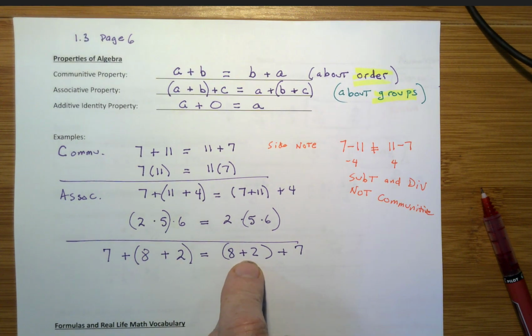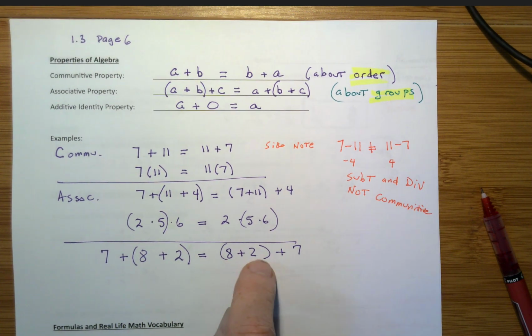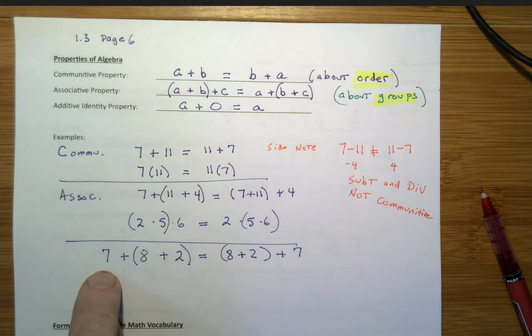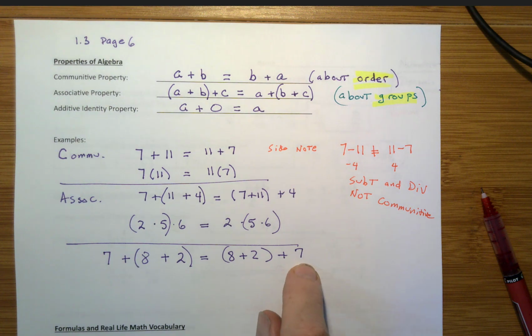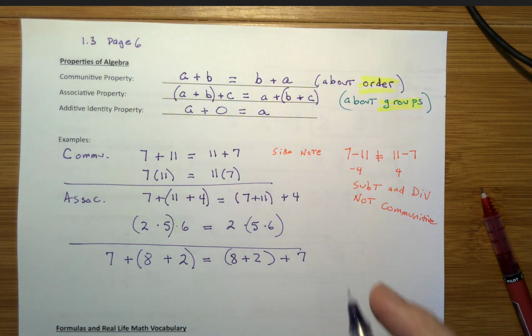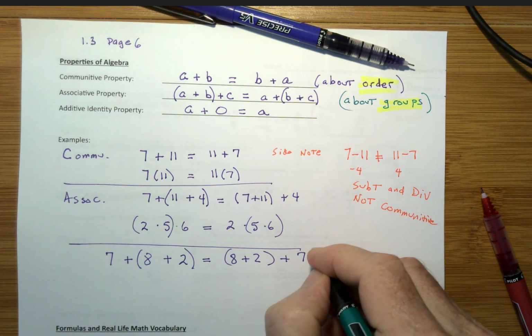Did I change the group? Nope, it's still 8 plus 2. The group did not change. It's not the associative law. What changed? 7 was in the front. Now 7 is in the back. This is a change in order. So this one is about the commutative law.